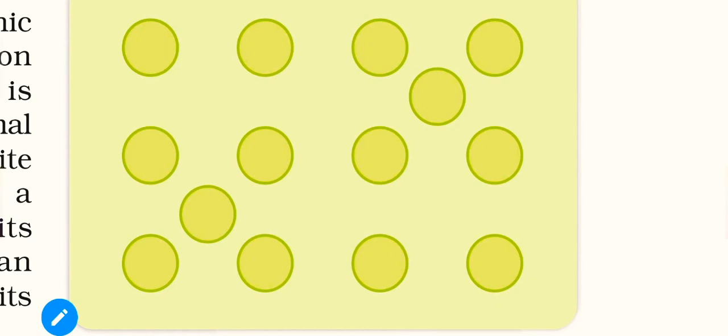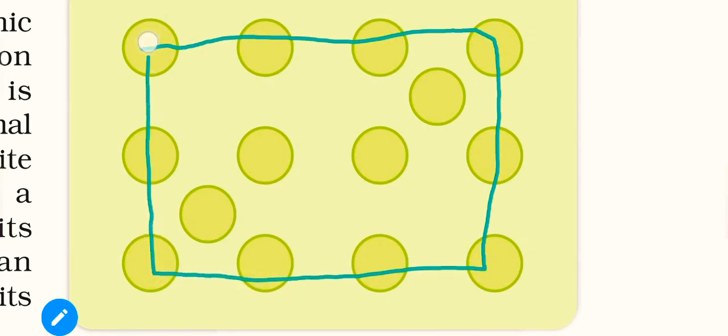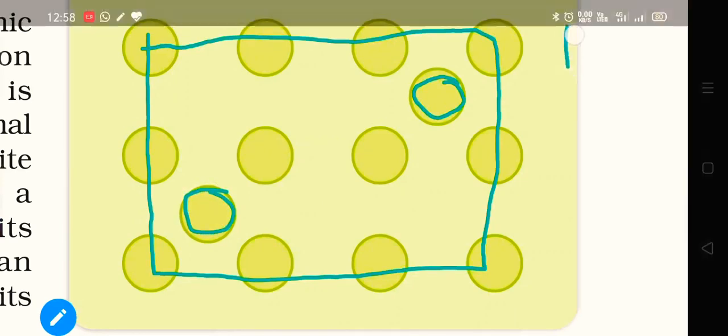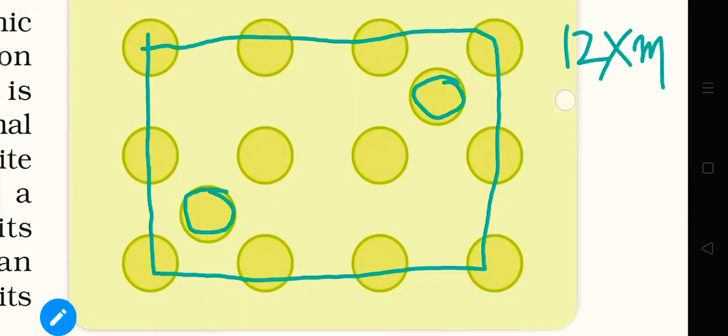Now the effect on density. Suppose you have a perfect crystal. In this perfect crystal the number of particles will be 12, because in a perfect crystal these two particles do not exist. So mass will be 12 multiplied by the mass of a single atom, divided by a cube, that means total volume.